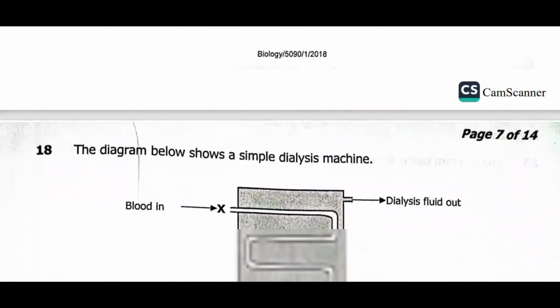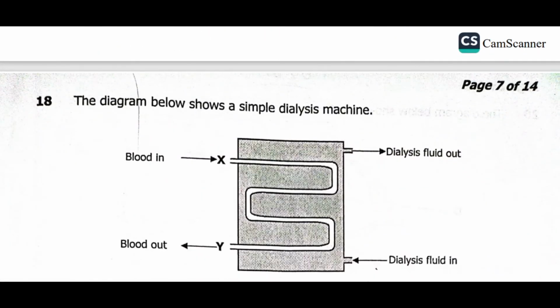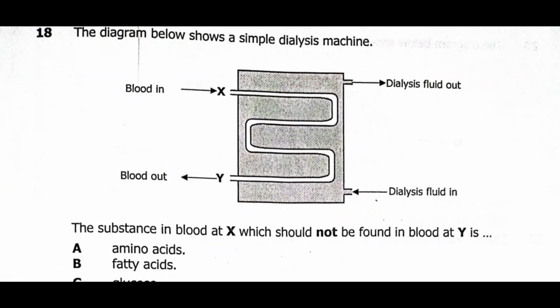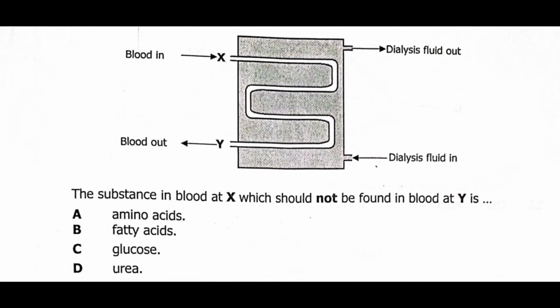Okay, so now we move on to question 18. The diagram here shows a simple dialysis machine. So we can see blood in, X, then blood out here. Then dialysis fluid out, dialysis fluid in.